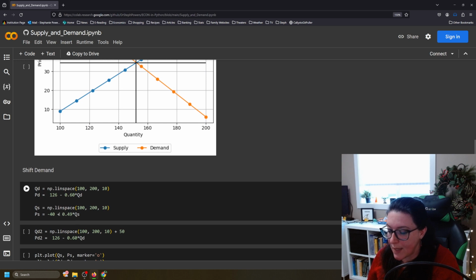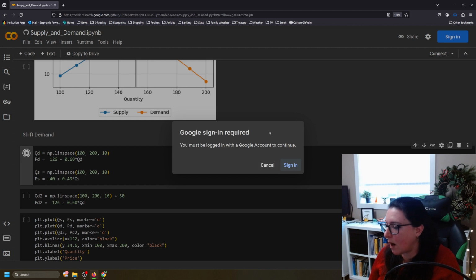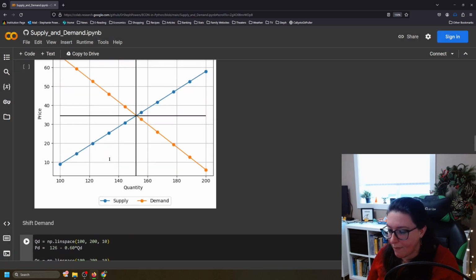So we can see here's that positive slope of 0.49, and we can see that it crosses the vertical axes at about a negative 40. So we have these two formulas here to start with. We use this to create our original graph that you see here.